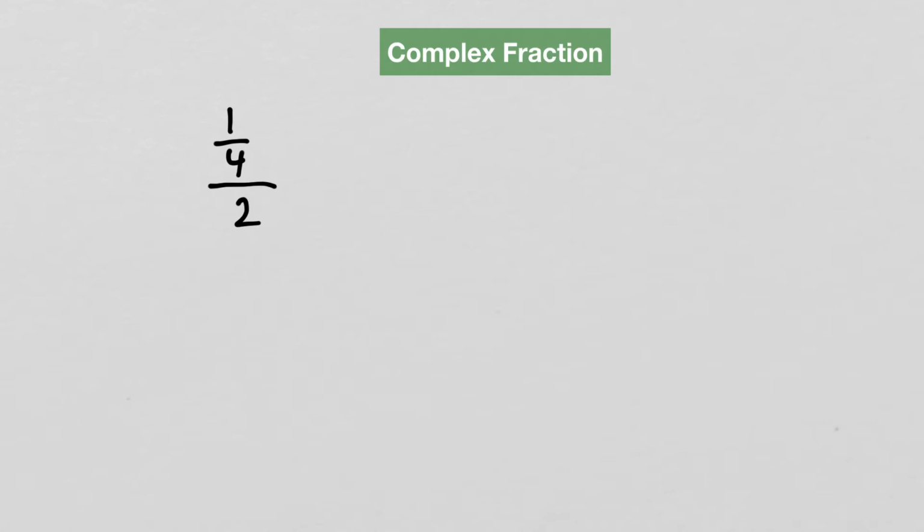The way to do this is to rewrite this problem or this fraction as a division problem. So in other words, 1/4 divided by 2. Okay, so this part right here is your divisor.